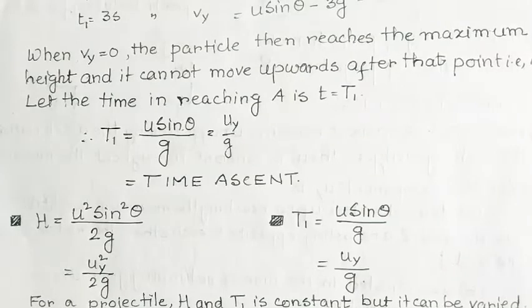In the previous lecture, we have learned about the capital H. Capital H equal to u square sin square theta divided by 2g equal to uy square divided by 2g. And now in this lecture we have understood t1 equal to u sin theta divided by g, that is uy divided by g.